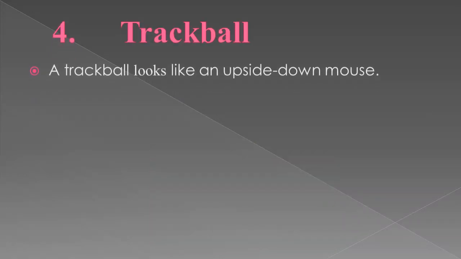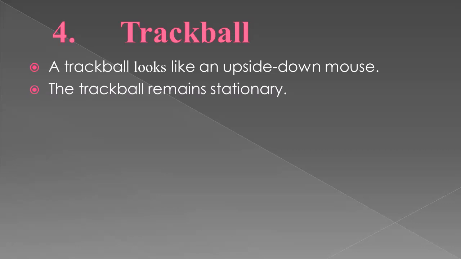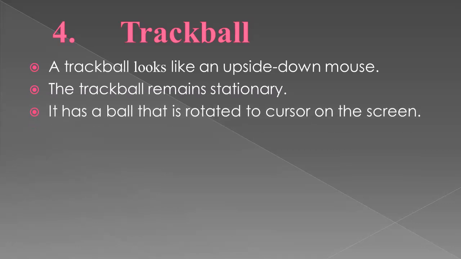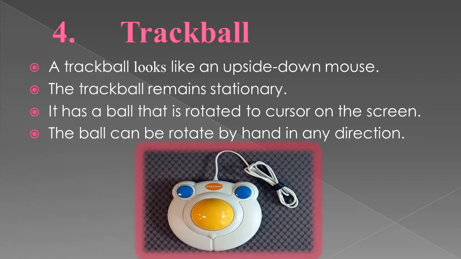Okay, next one is the trackball. A trackball looks like an upside down mouse. The trackball remains stationary. It has a ball that is rotated to move the cursor on the screen. The ball can be rotated by hand in any direction.